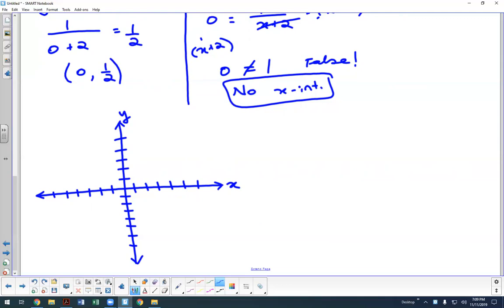All right, guys. So our vertical asymptote was at x equals -2. The x-axis is still the horizontal asymptote. We have the y-intercept at 0, 1/2, which will be right here. We have no x-intercepts. We have no symmetry.